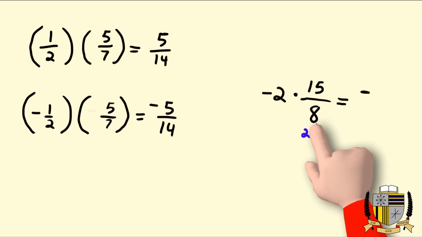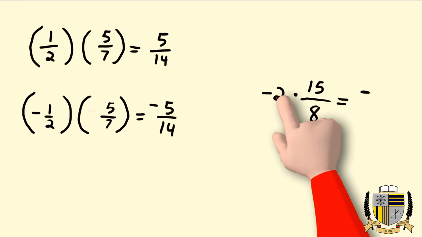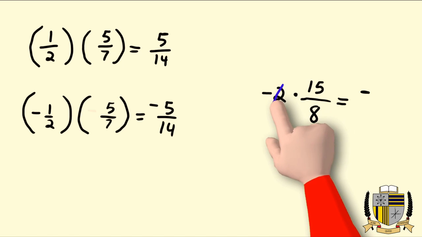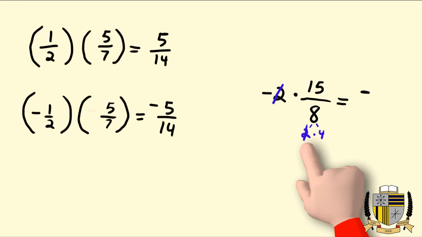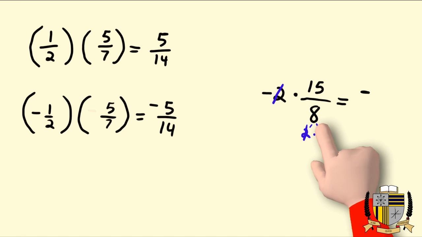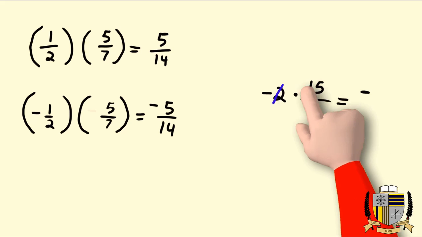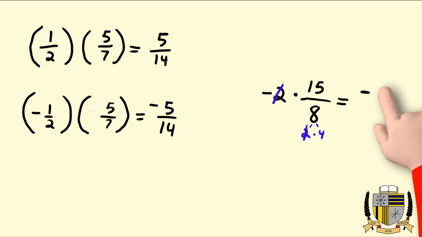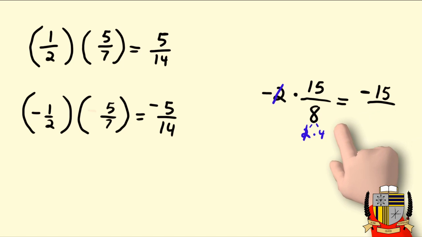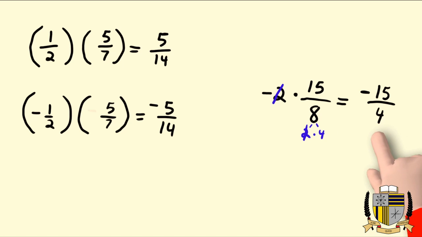This 2 cancels out with this 2, leaving the 4. So we already have negative. So our final answer is going to be 15 is all by itself up there, and then we're going to have 4 down here. And that's the answer.